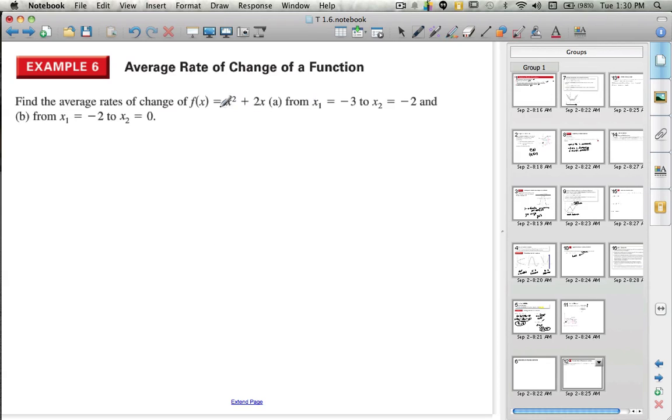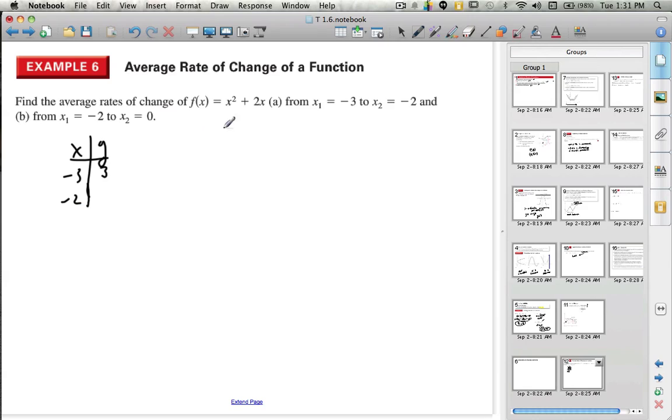If we take a look at a problem like this, I need to do an input-output table. So I'm going to use -3 and -2 for my first interval. When I plug -3 in, -3 squared is 9, plus 2 times -3 is -6, that would be 3.